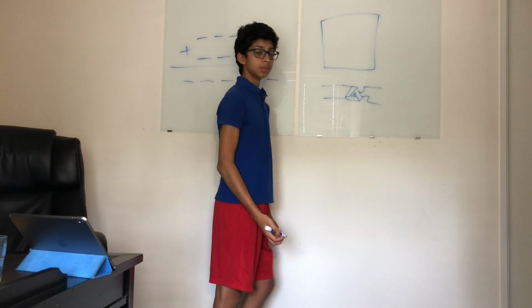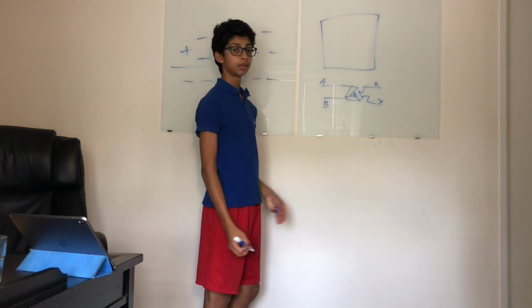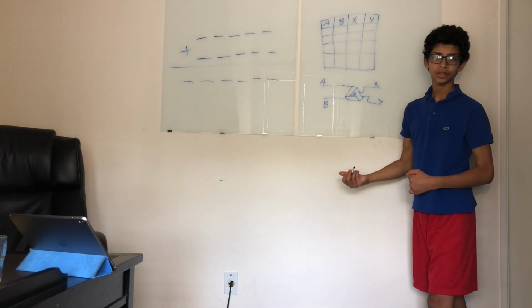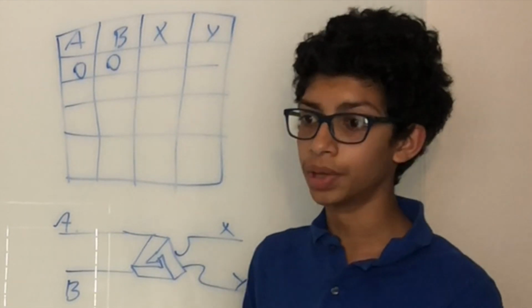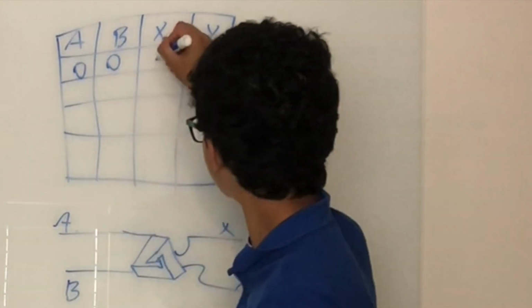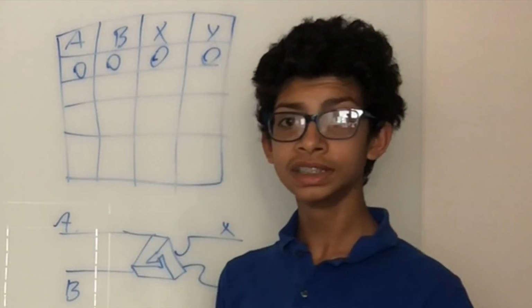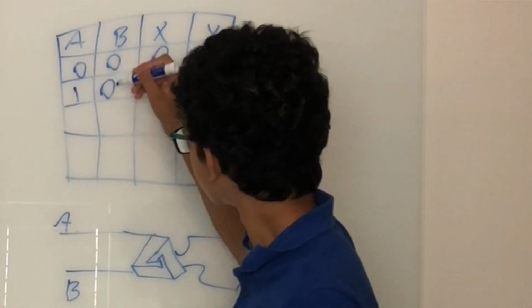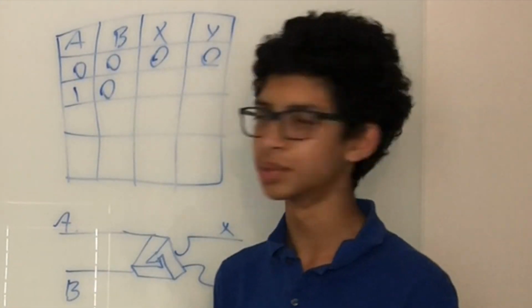So using the truth table, labeling the inputs A and B and the outputs X and Y, so 0 plus 0, it would equal 0 for both of them. 1 and 0, and 0 and 1 because they're interchangeable.